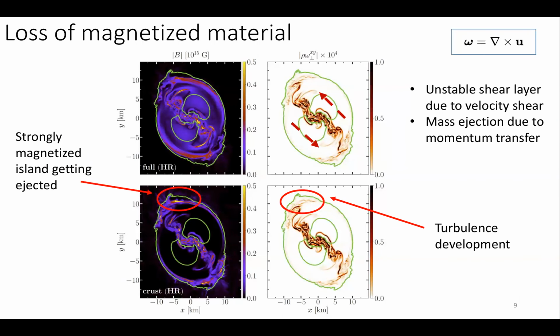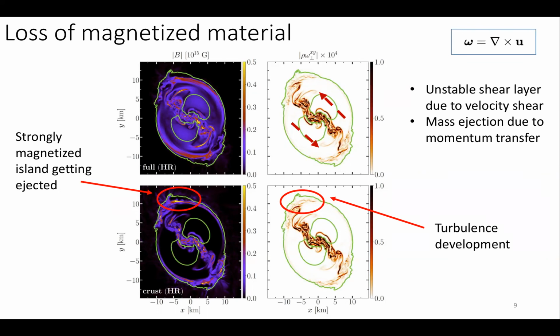So what's the reason why the cross configuration is not able to, at least in our simulations, have such a strong magnetic field amplification? The main reason for this is that quite early in the post-merger phase, roughly at the first bounce of the two neutron star cores, there's a lot of material which is getting ejected at the crust or at the surface of the two neutron stars.